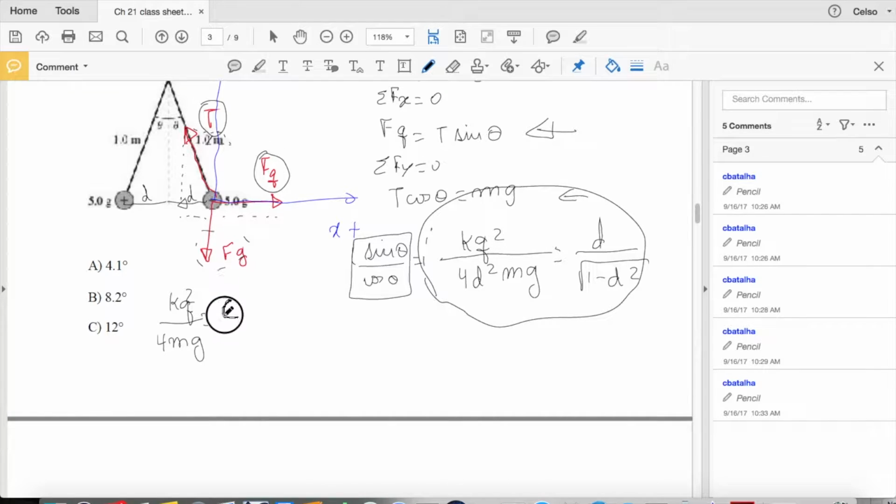So I have c over d squared is equal to d over the square root of 1 minus d squared. How about if we square everything? c squared over d to the 4 is equal to d squared over 1 minus d squared.